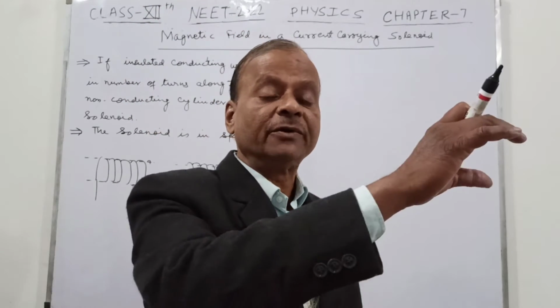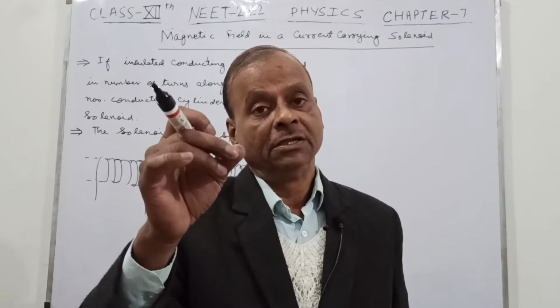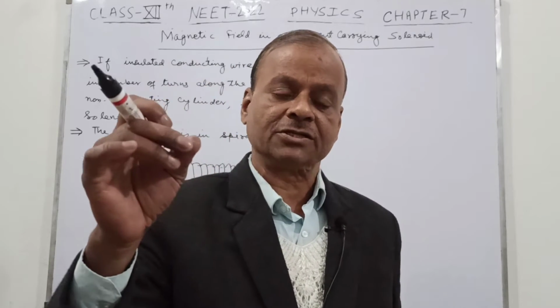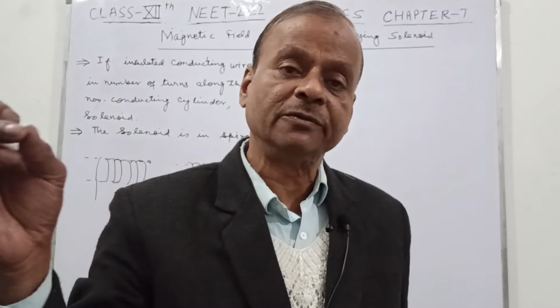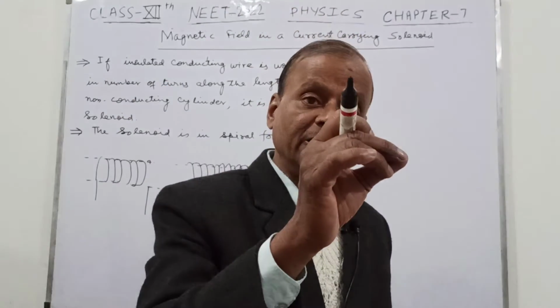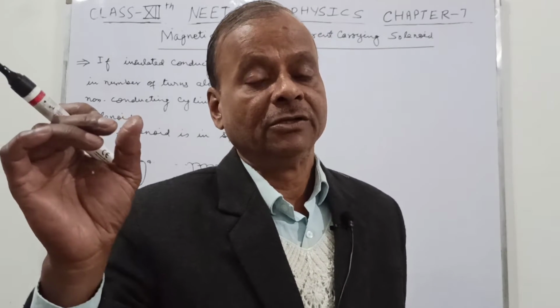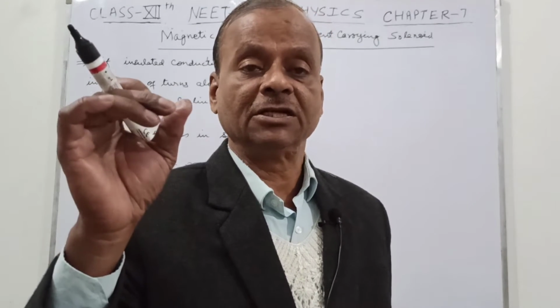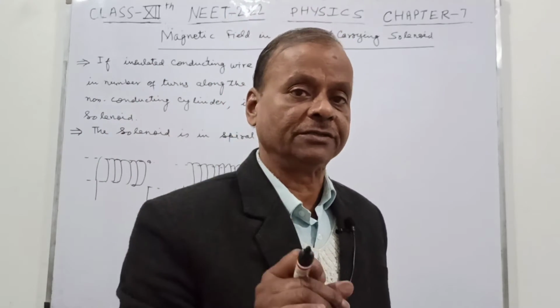So if there are a number of turns in series and we join the centers of the different turns, that will be the axis of the coil, and the magnetic field will be maximum at the axis of the coil. So when the current is passed in the solenoid, there is a magnetic field inside the solenoid.